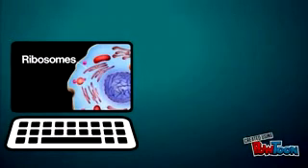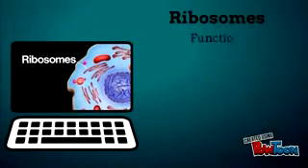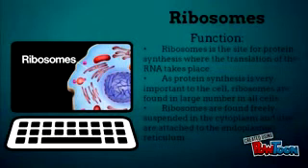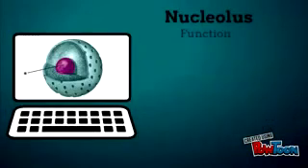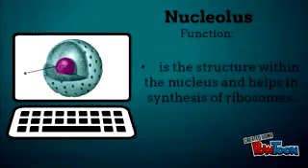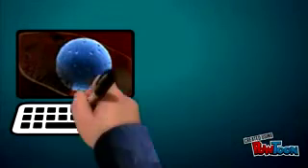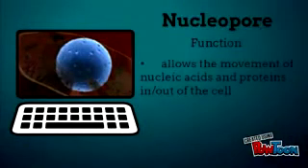Ribosomes are made of RNA and proteins and are sites for protein synthesis. Nucleolus is the structure within the nucleus and helps in the synthesis of ribosomes. Nuclear pore is the tiny hole in the nuclear membrane that allows the movement of nucleic acids and proteins in and out of the nucleus.